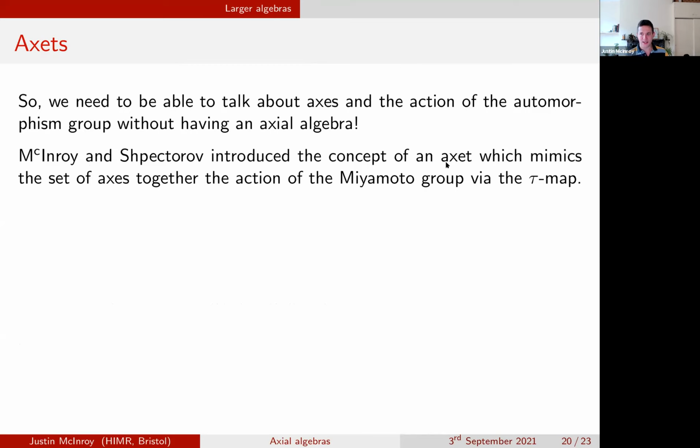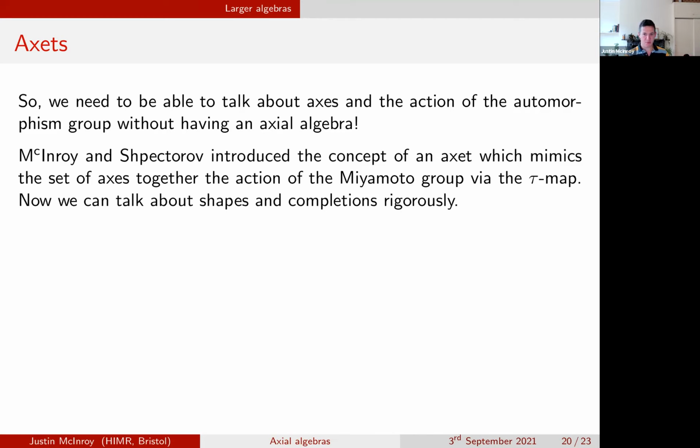We call it an axet, which mimics the action of a set of axes together with this tau map. So I'm associating automorphisms, and this is going to generate a group, and this group will act on the axes, but there's no axial algebra around. But what this allows us to do is talk about shapes and completions of these shapes in a rigorous manner.